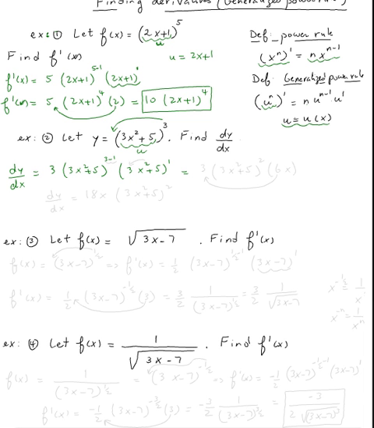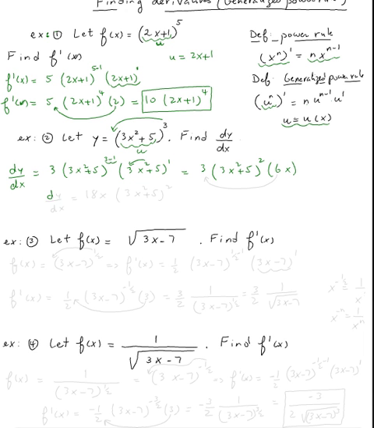Right? Now this is equal to 3 (3x squared plus 5). Now 3 minus 1 is just 2. And the derivative of 3x squared plus 5, we did those in the previous example: multiply 2 by 3, you get 6x, 2 minus 1 is 1, plus the derivative of 5 is 0, so it's gone.